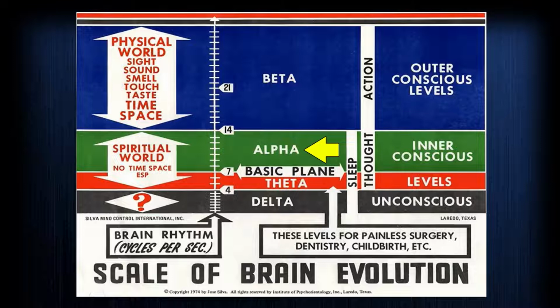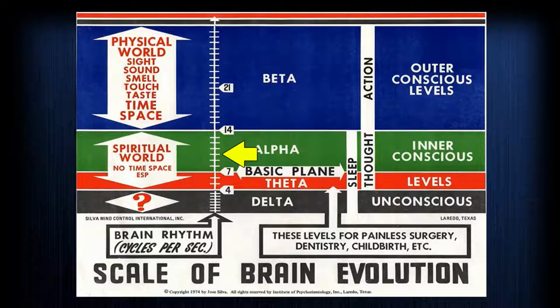But me showing you this diagram doesn't show you exactly how I actually get into this alpha wave state. One good thing to note about the alpha brainwave state, which is what we're going after, is specifically 10 cycles per second. Jose Silva himself found and discovered that the strongest brainwave frequency for creating and manifesting, at its most potent energy and with the least amount of resistance, was at 10 cycles per second.